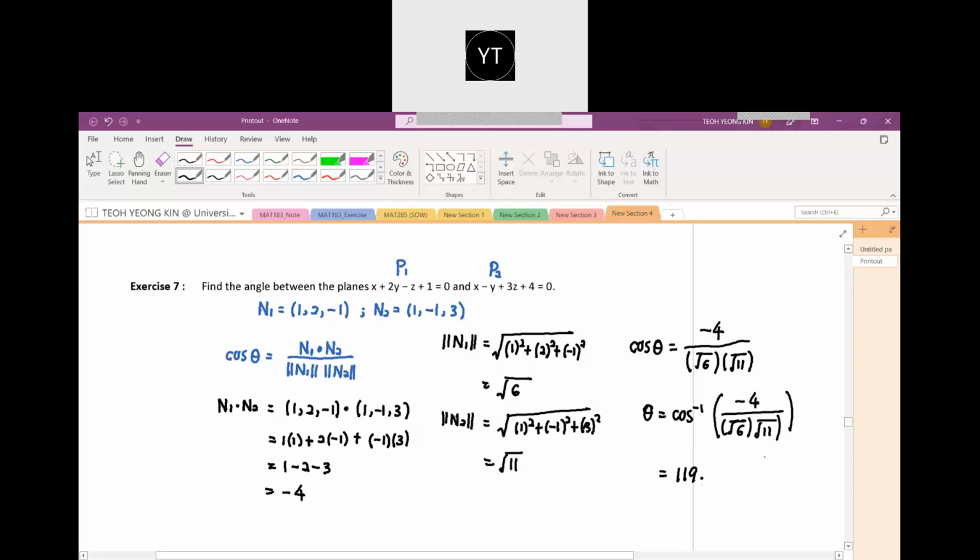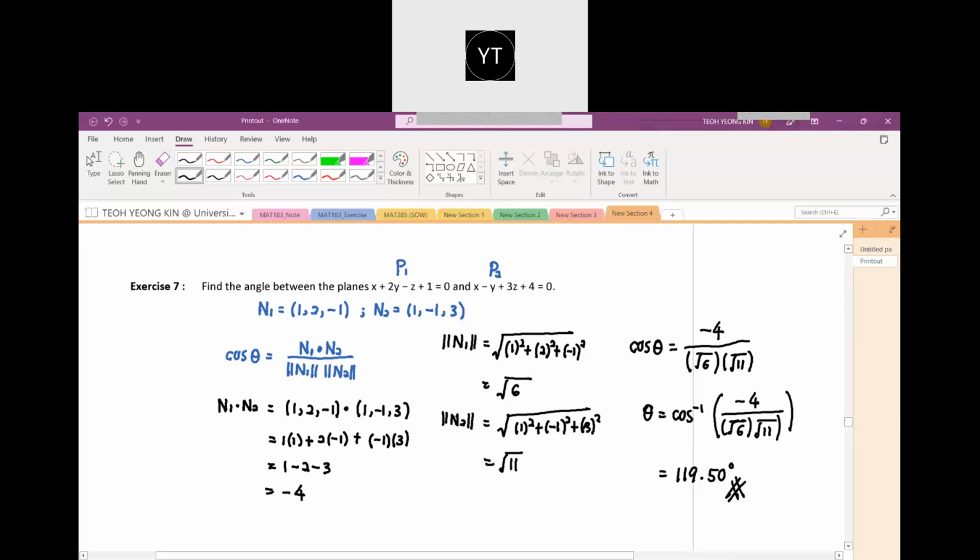After I round off, I should get 119.50 degrees. Let me calculate again: negative 4 divided by square root of 6 times square root of 11. Shift cos inverse. Yes, the answer is 119.50 degrees. So here is the angle between the planes.